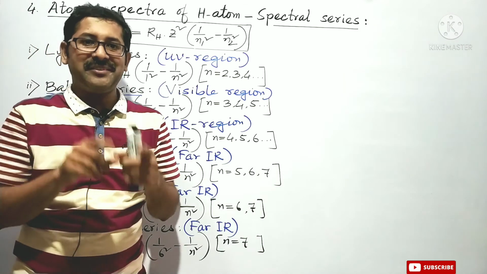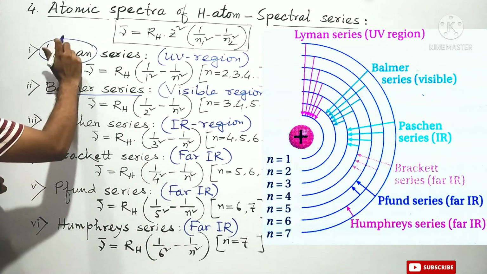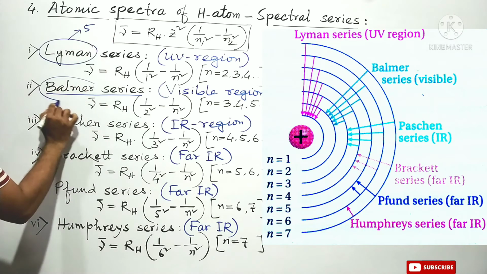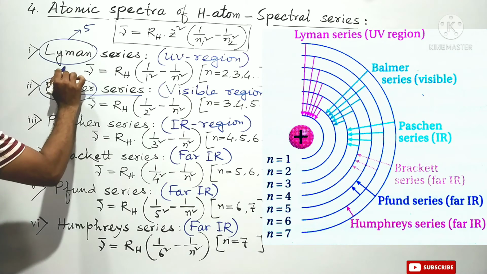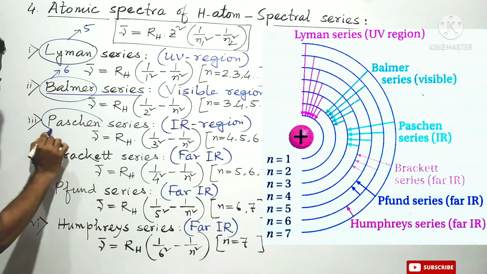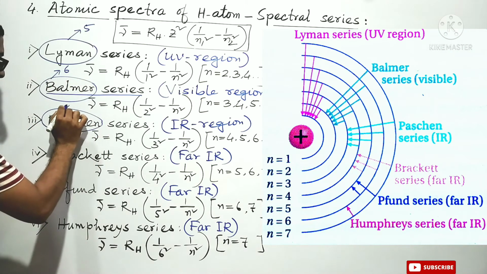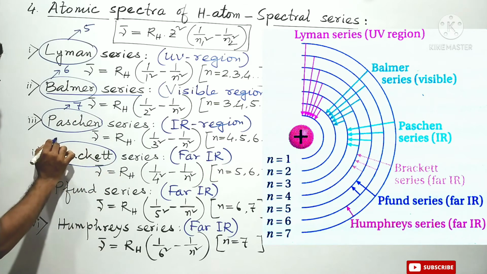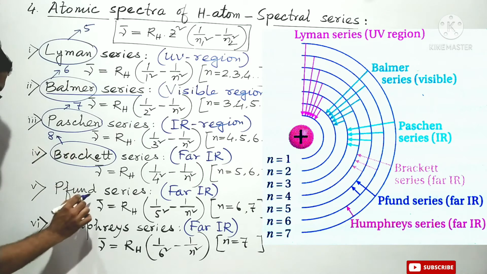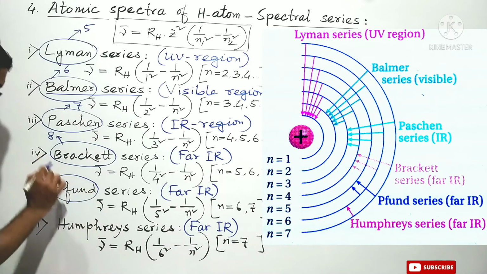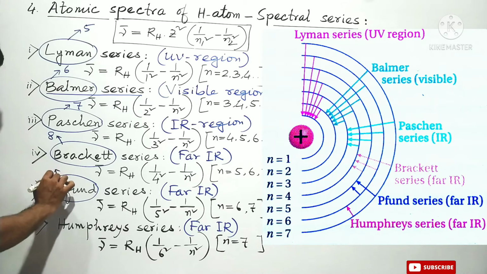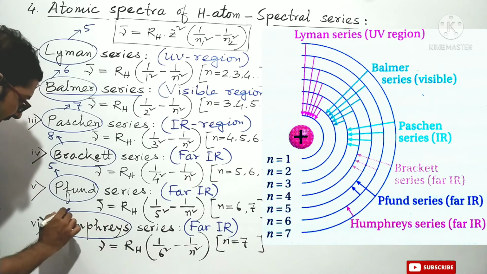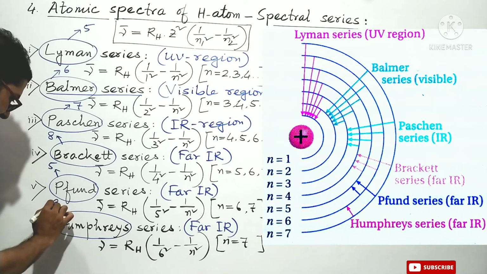So now come to the trick. In the word Lyman there are 5 letters. In Balmer there are 6 letters. In Paschen there are 7 letters. In Brackett there are 8 letters. In the name Pfund there are 5 letters, and in Humphreys there are 9 letters.